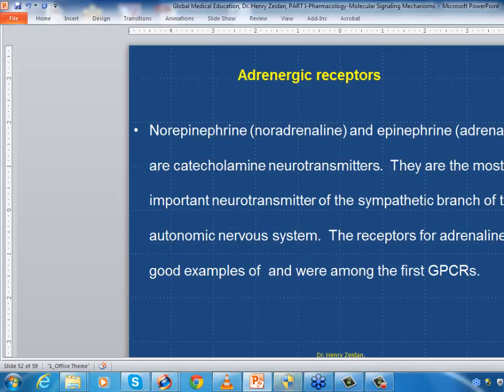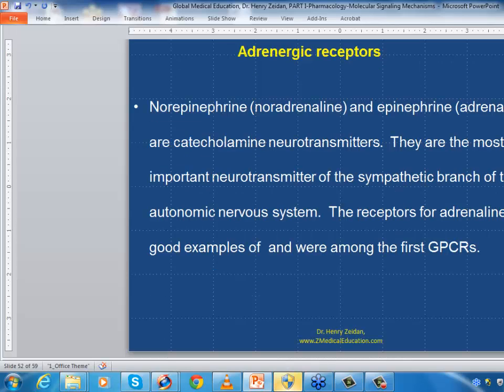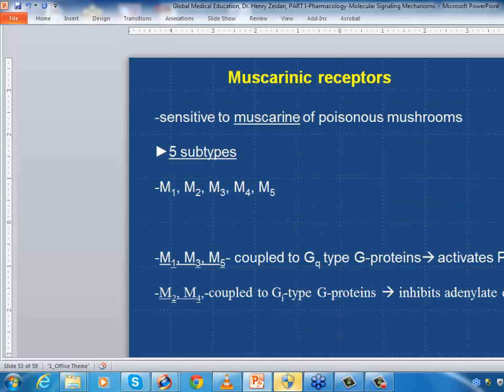When you deal with adrenergic receptors here, you're dealing with norepinephrine, epinephrine, and catecholamine neurotransmitters. That's what you're going to see in the sympathetic branch of the autonomic nervous system. We already stated that those receptors are an excellent example of G protein cyclic AMP receptors, the cascade that follows cyclic AMP. With respect to muscarinic receptors, you have 5 subtypes: M1, M2, M3, M4, M5.